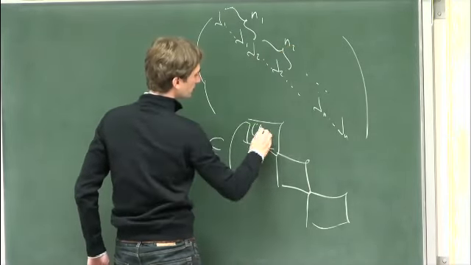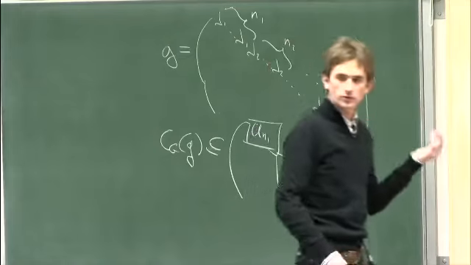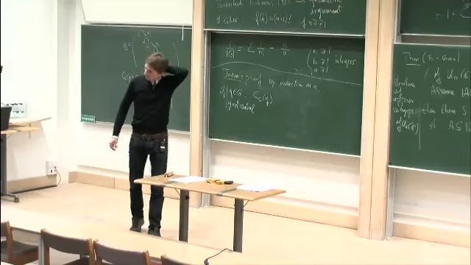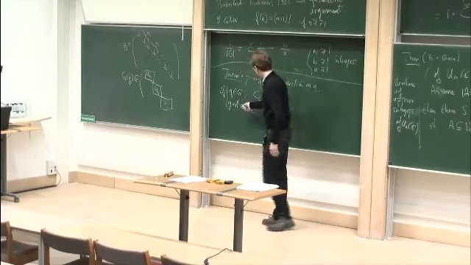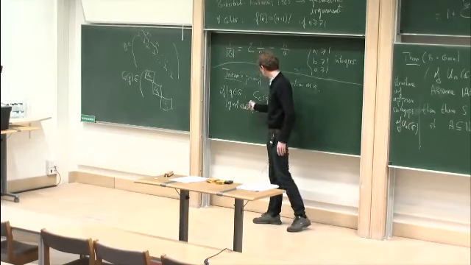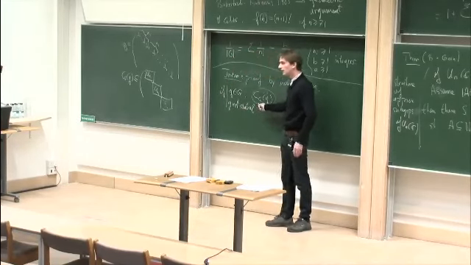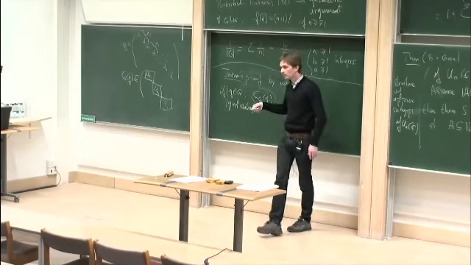Then you can use induction on the dimension. So this is what Jordan does: every time you have a non-central element, look at the centralizer and apply the theorem again. So if you know the theorem for U(n1), then you know it for the product of the two. Okay, it's clear.